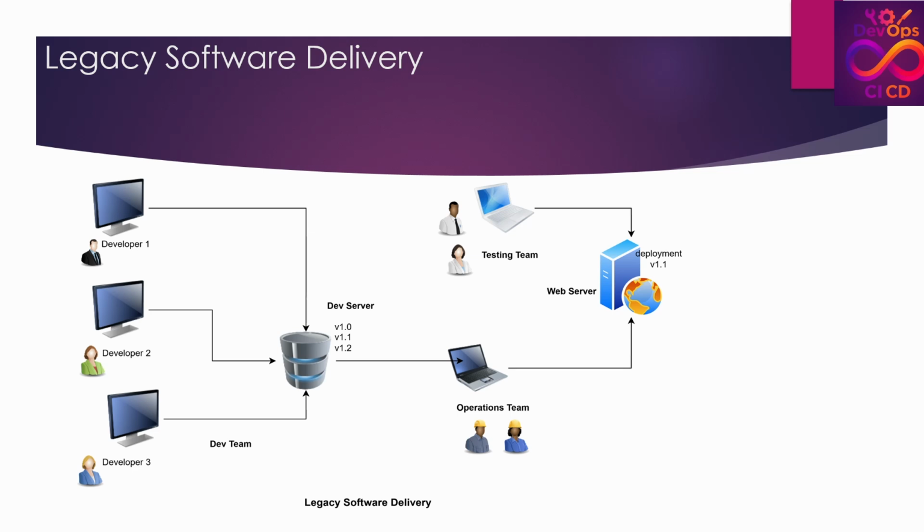The role of the operations team is to create the infrastructure, like setting up the server, installing the operating system, applying the latest patches, then fetching the newly received package manually and deploying it into the web server that is actively running.